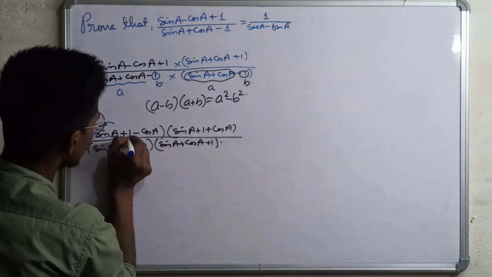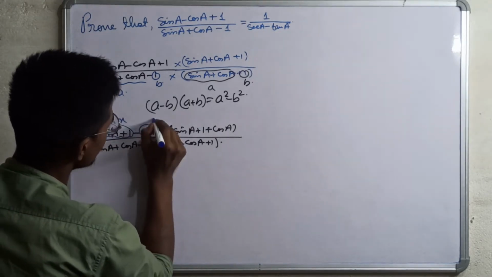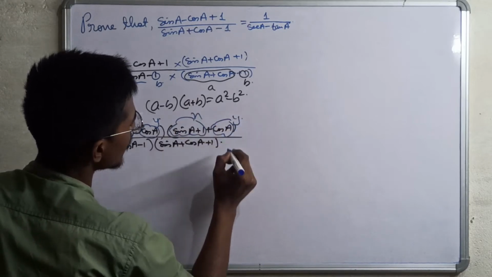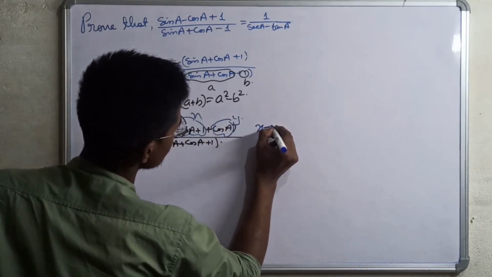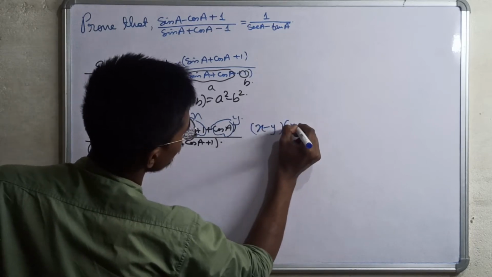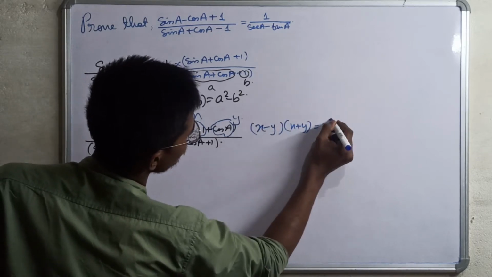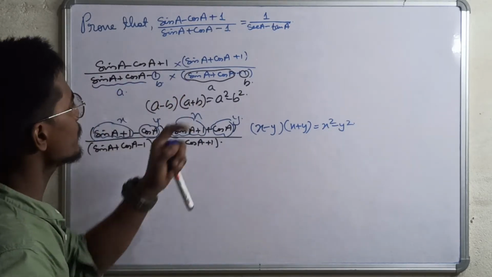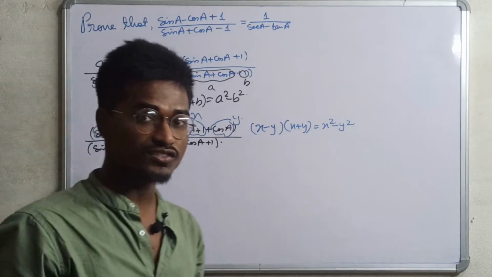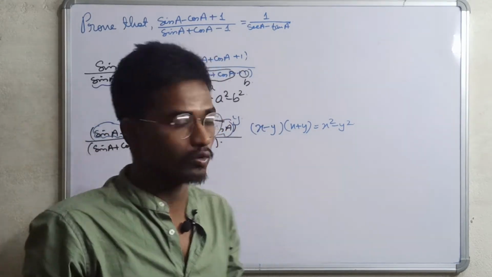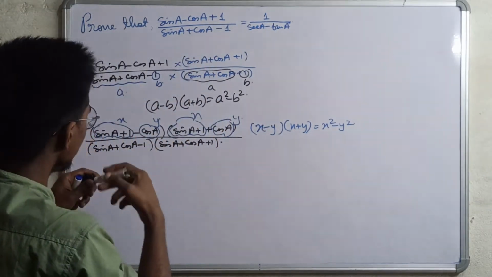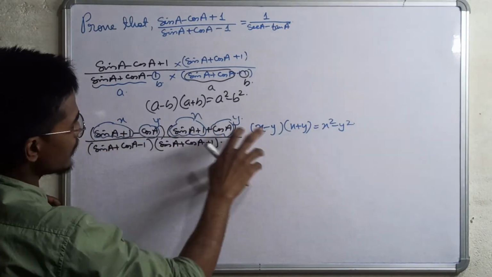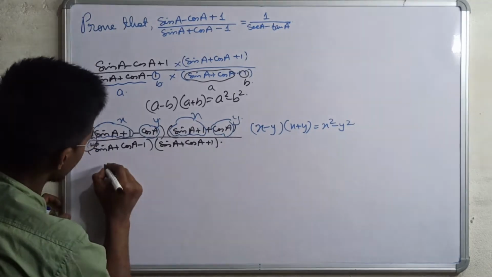If I say this is x and this is y, in the numerator we have x minus y into x plus y, which gives x square minus y square. In the denominator we also have a square minus b square. The things have become very easy. This is the way you have to think. Now I will simplify it, since we have the formula of the kind x square minus y square.